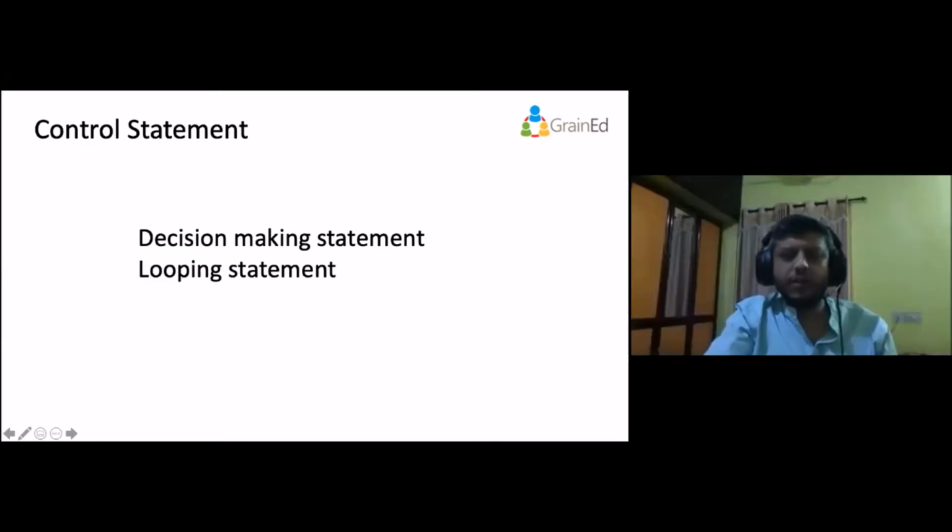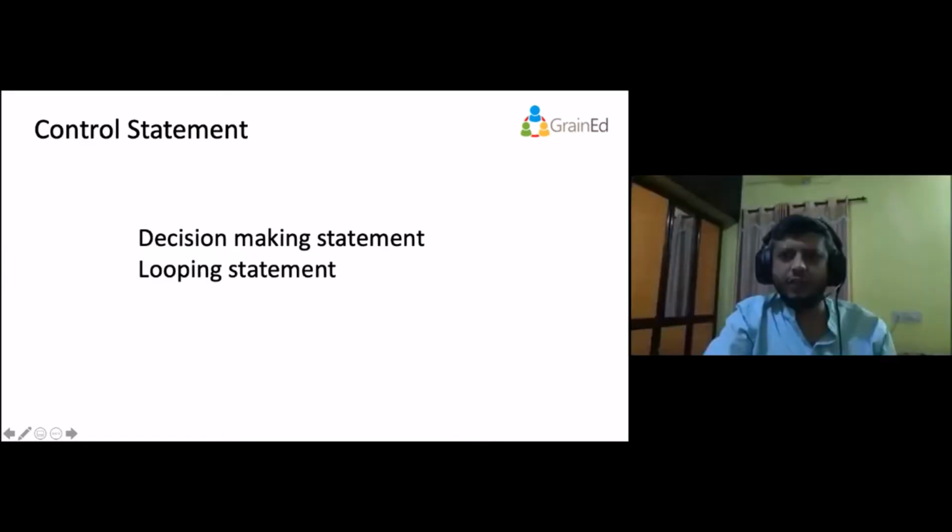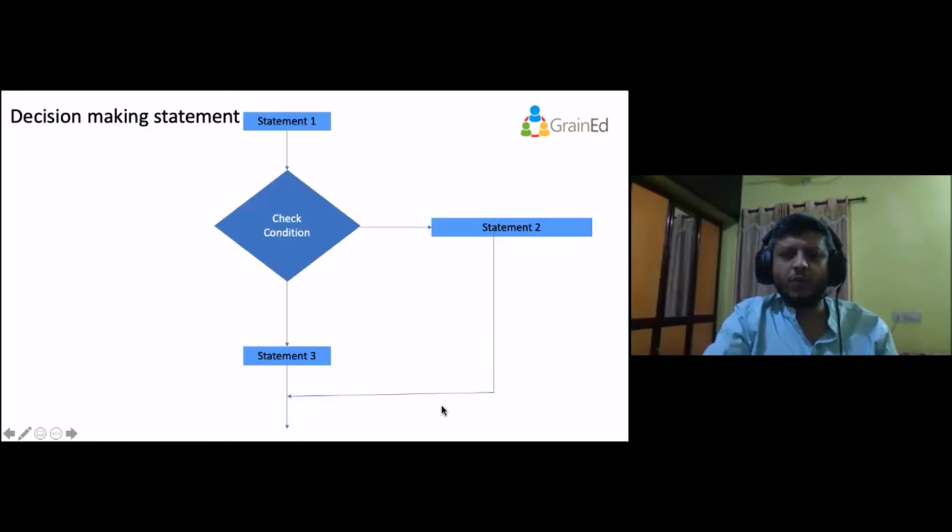And looping statements are while and for. Yes, so the decision making statement is the if else statement. That's the one that helps us make decisions. And the looping statement, we didn't get much chance to talk about in the last session, but we'll talk about that today. I'm not going to spend more time on decision making statements because you're already familiar with them, but let's be clear about the concept.